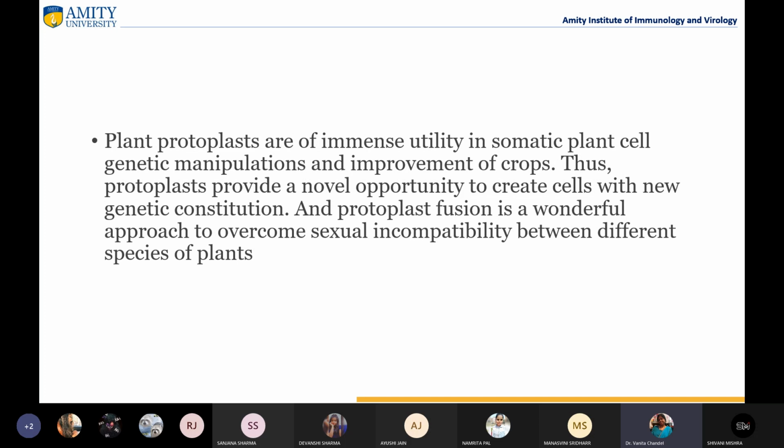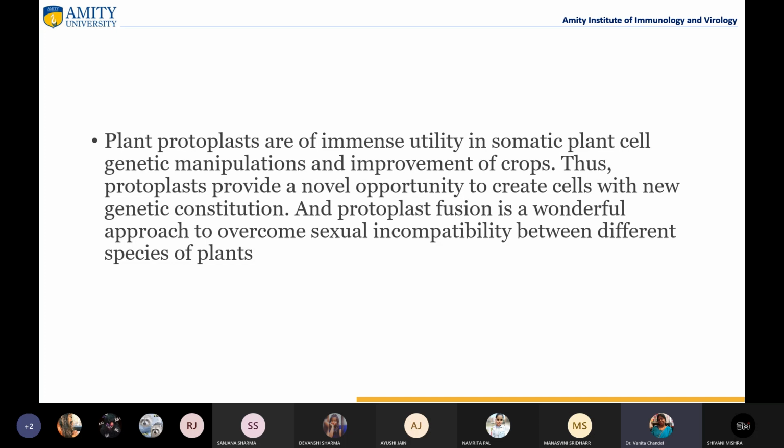Plant protoplasts, we know, are of immense utility in somatic plant cell genetic manipulations and improvement of crops. These protoplasts provide a novel opportunity to create cells with new genetic constitution. For example, plant A has a characteristic, maybe it is resistant to a particular disease, and plant B has a characteristic, maybe it is a high yielding variety.